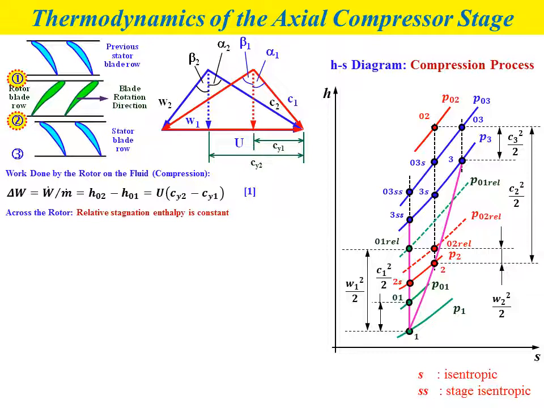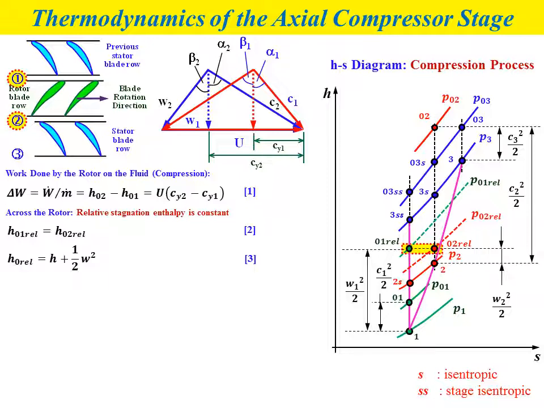Okay, similar to the enthalpy relationship in the axial flow turbine, the compressor also has a similar relationship in terms of enthalpy difference, where across the rotor for the compressor, the relative stagnation enthalpy is constant, where we have H01 relative equal to H02 relative, represented by equation number 2. If you look at the HS diagram, the points for H01 relative and H02 relative are located on the same horizontal line, which shows that the value of H01 relative equals H02 relative.